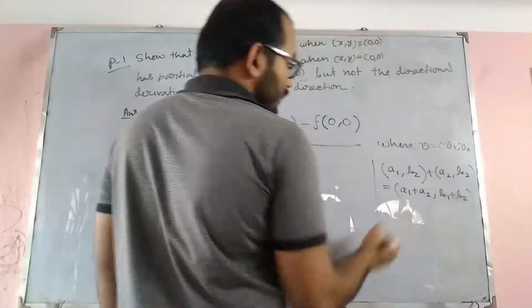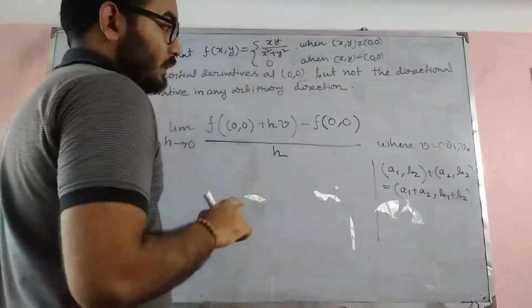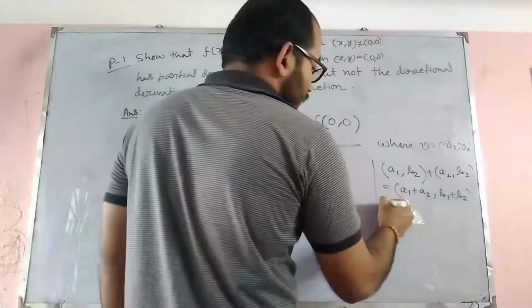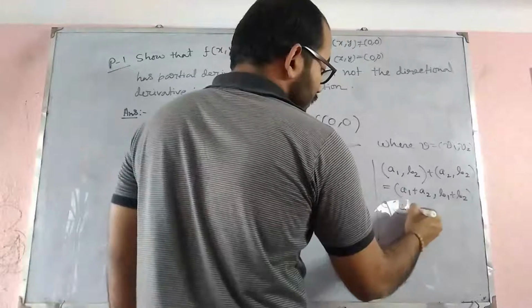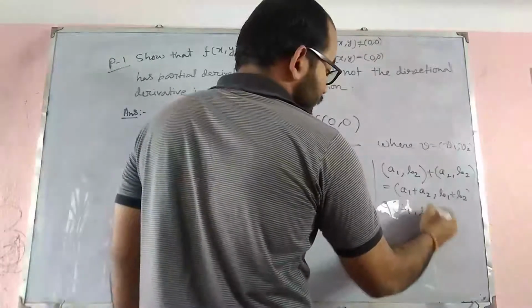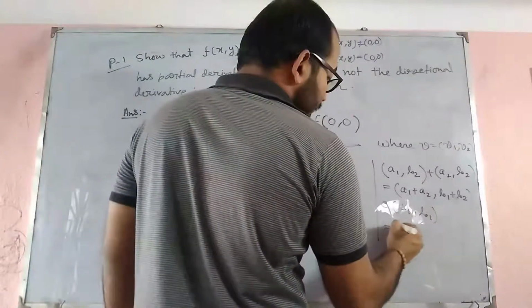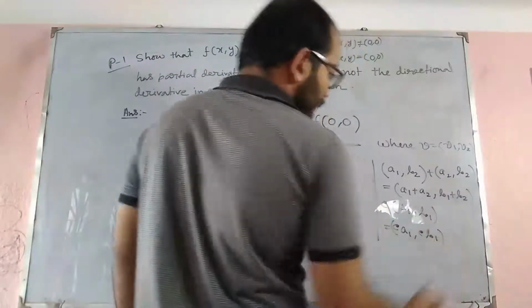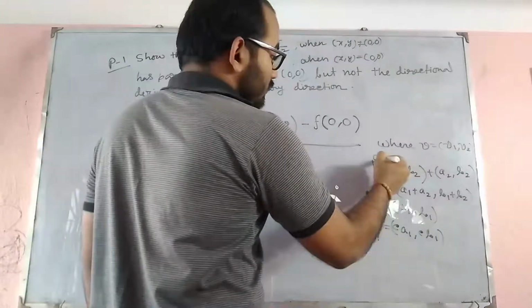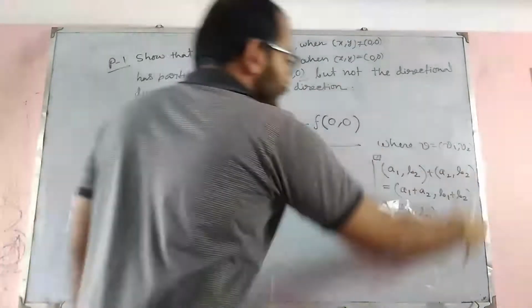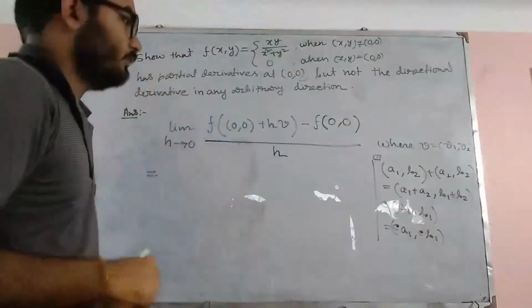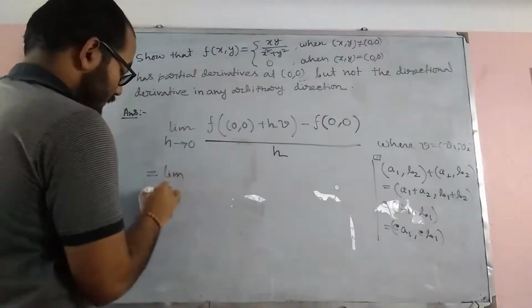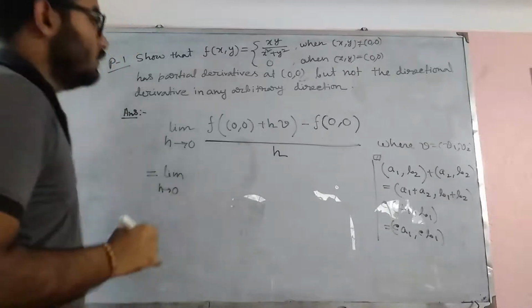And if we multiply an ordered pair by a scalar, then so limit of h tends to 0.